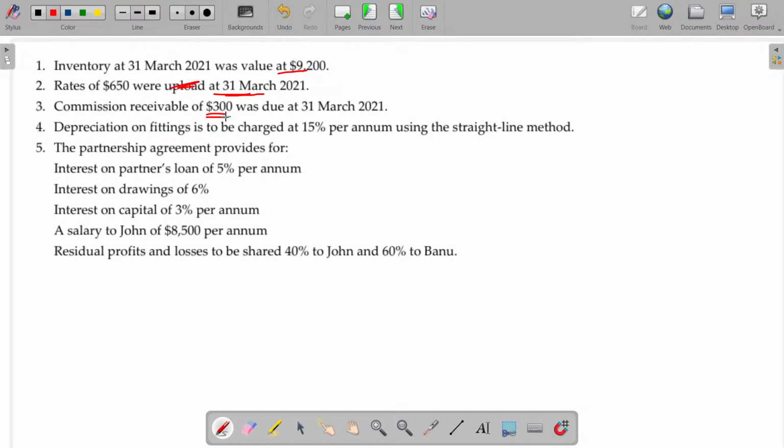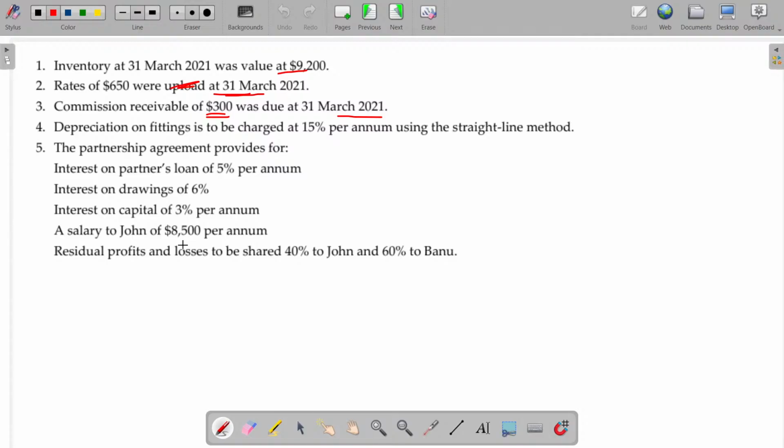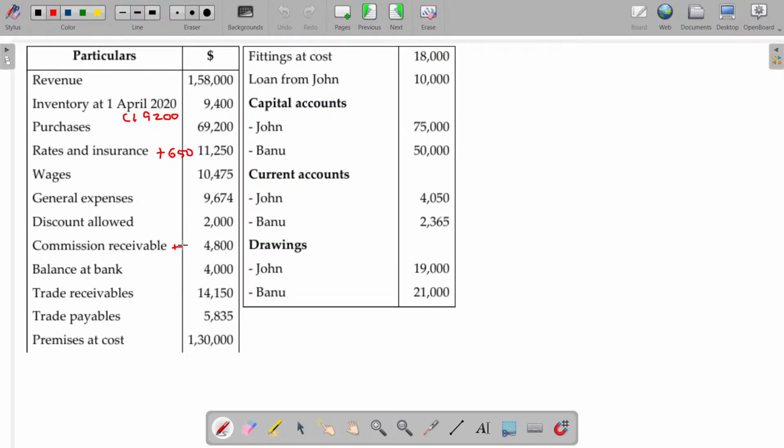Commission receivable of 300 was due. This becomes receivable outstanding. Still we have to receive 300 rupees extra. Already we have 4,800. With that another 300 rupees should also be receivable income.